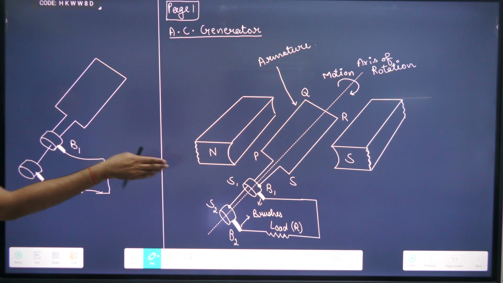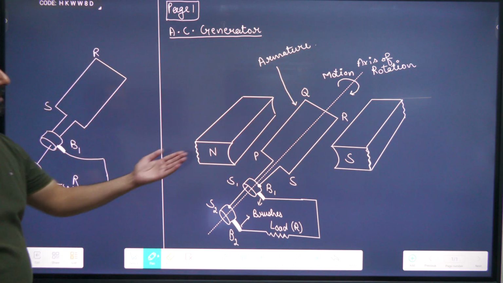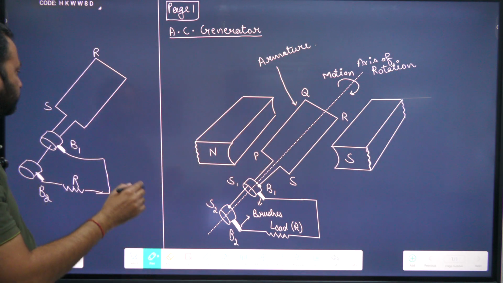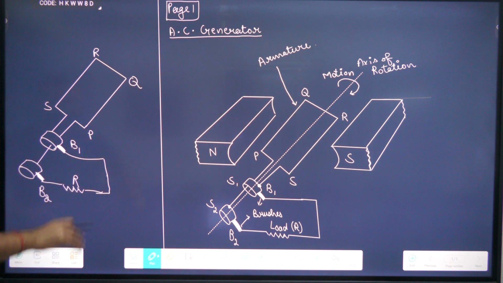So after half cycle, this SR will come here, and this PQ will come here. And now think what will happen.